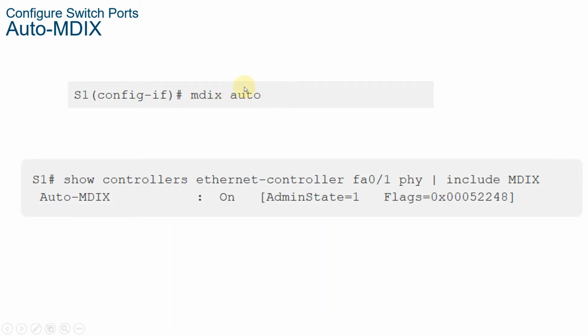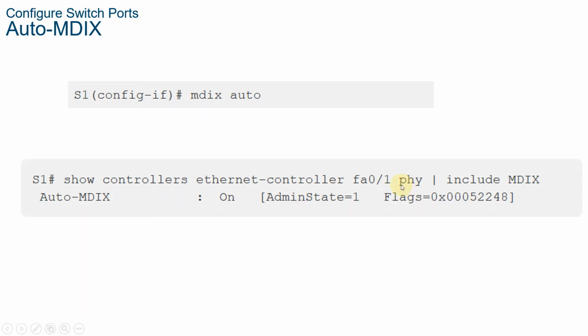The auto MDIX feature is enabled by default on Catalyst 2960 and Catalyst 3560 switches, but is not available on the older Catalyst 2950 and Catalyst 3550 switches. To examine the auto MDIX setting for a specific interface, we use the show controllers ethernet-controller command with the phy keyword to limit the output to lines referencing auto MDIX.